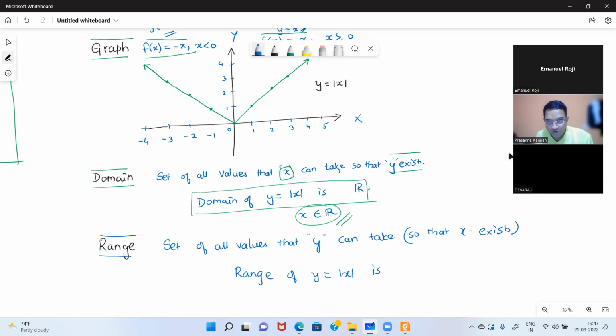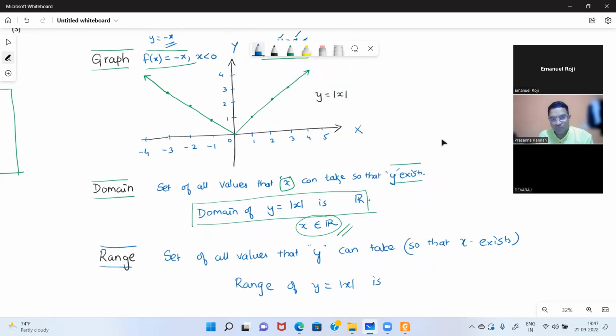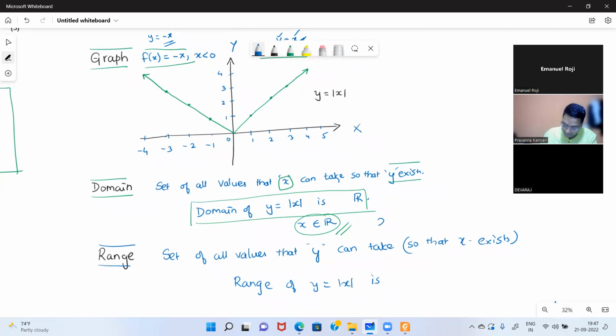If you want to write the domain, you can write it as x belongs to minus infinity to plus infinity, open interval. This is another way of writing domain. Anyways, we'll come back to range now. So what is the range of y equal to mod x here?